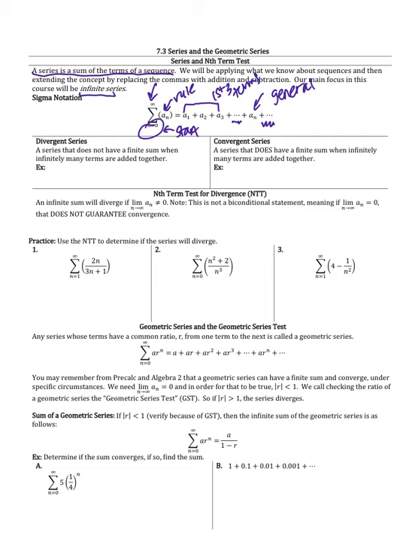So thinking back to 7.2, we talked about how a sequence could either converge or diverge, looking at what is happening for each of those terms. And we talked about this convergence and divergence by looking at limits. So for example, we looked at a sub n equals 1 over n, and we said what's happening to the terms?